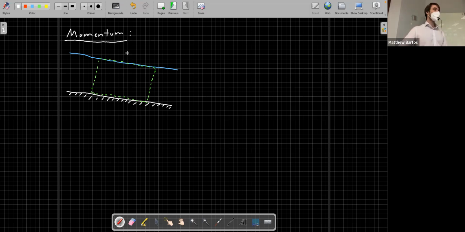So the momentum equation is essentially Newton's second law applied to a fluid volume. Okay. Does anyone remember what Newton's second law looks like?